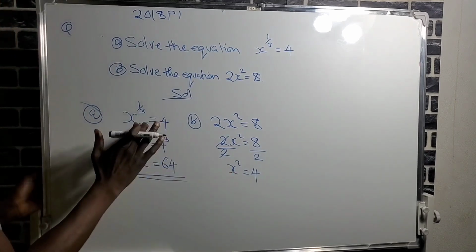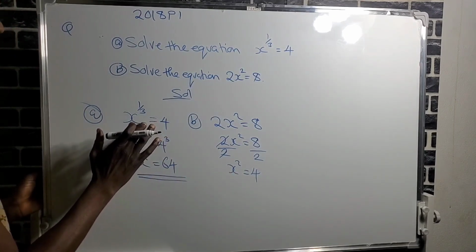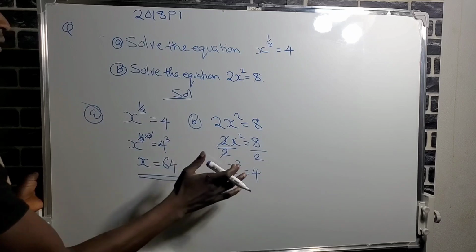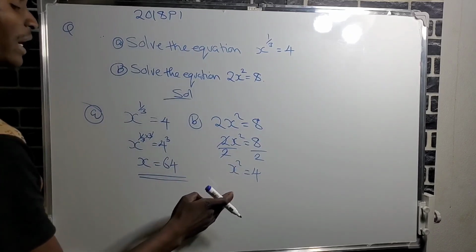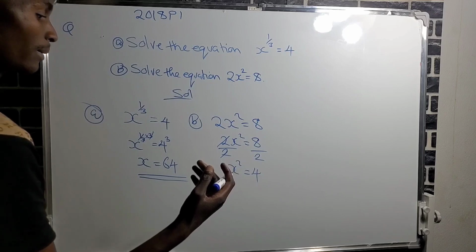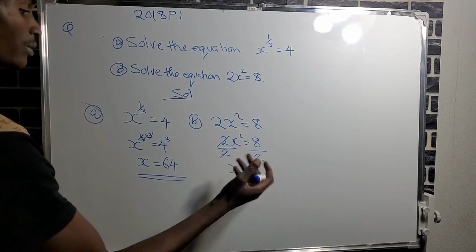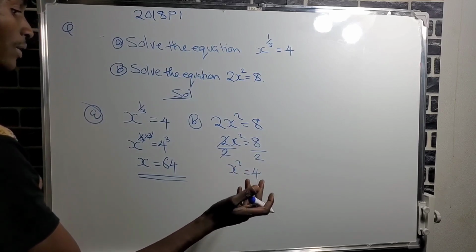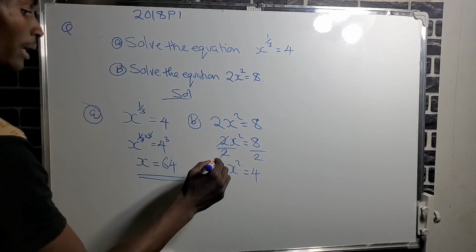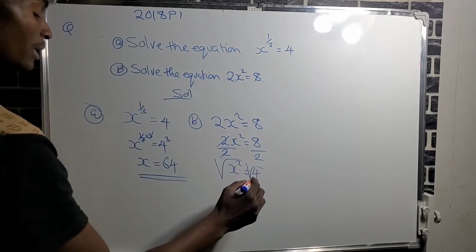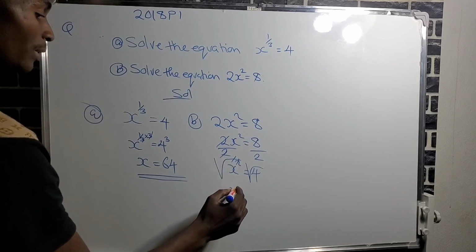So this stage is the same as this stage, just that this one was a fraction, this one is not a fraction. So what you can do here when you reach this stage, you can square root both sides, okay, square root both sides. You see, this and this will cancel.